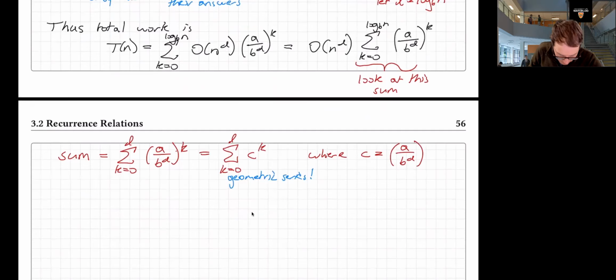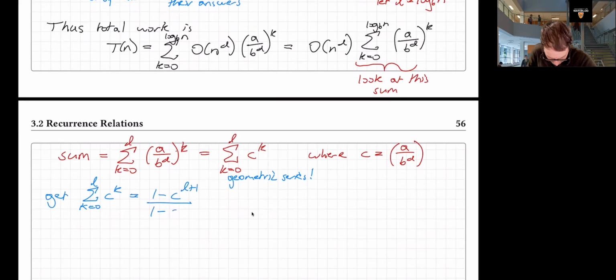If you recall, or just search online for the geometric series, the sum from k equals 0 to L of c to the power of k is equal to 1 minus c to the power of L plus 1, over 1 minus c, as long as c is not equal to 1.